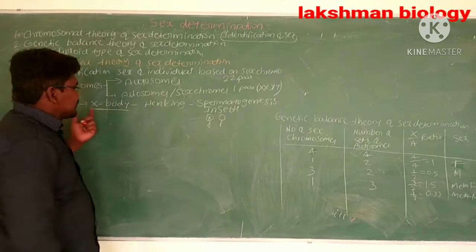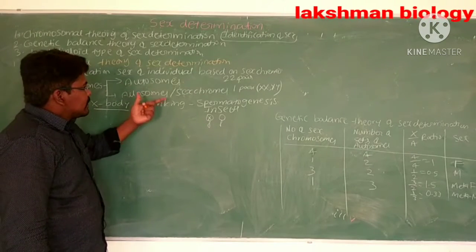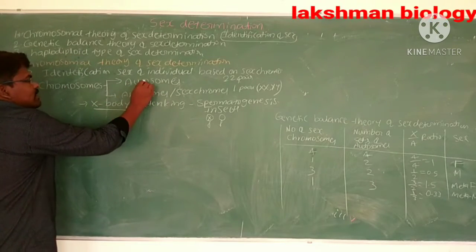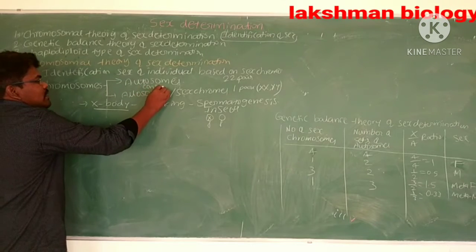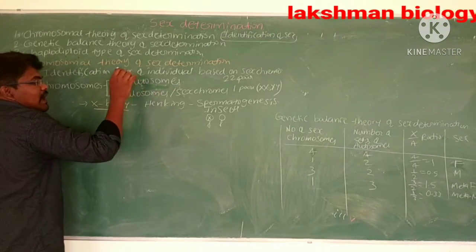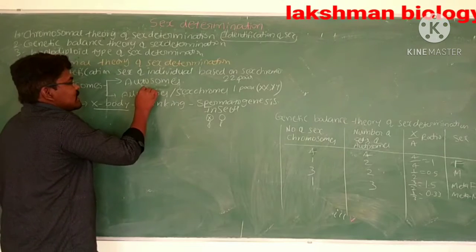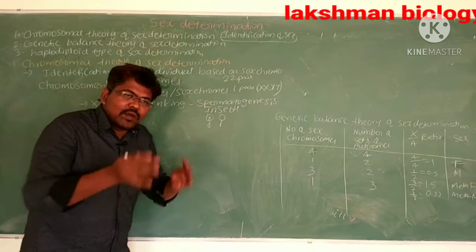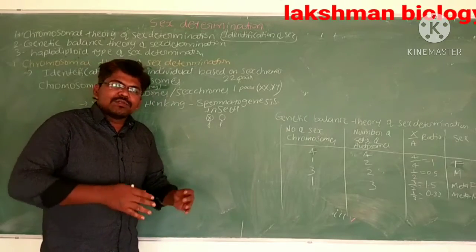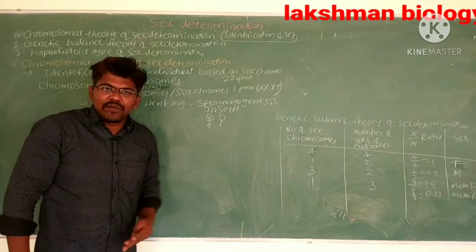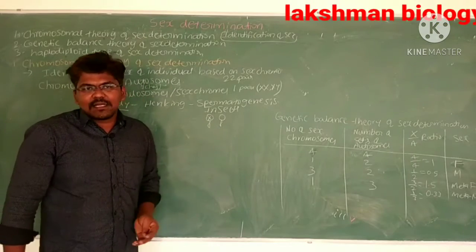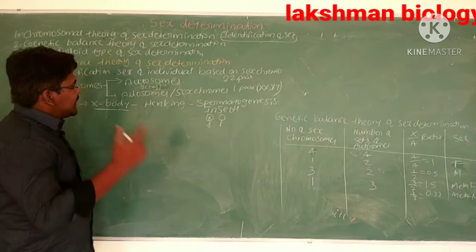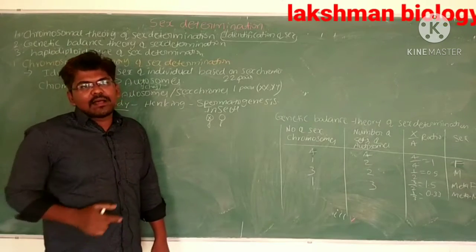Then, regarding autosomes, the number of autosomes changes in a lot of organisms. Human beings have one number of autosomes, butterflies have another number, and birds have another number of autosomes. The number of autosomes varies in different types of organisms.